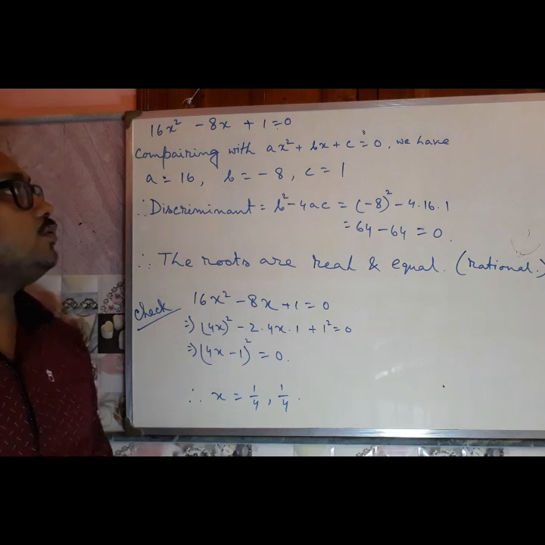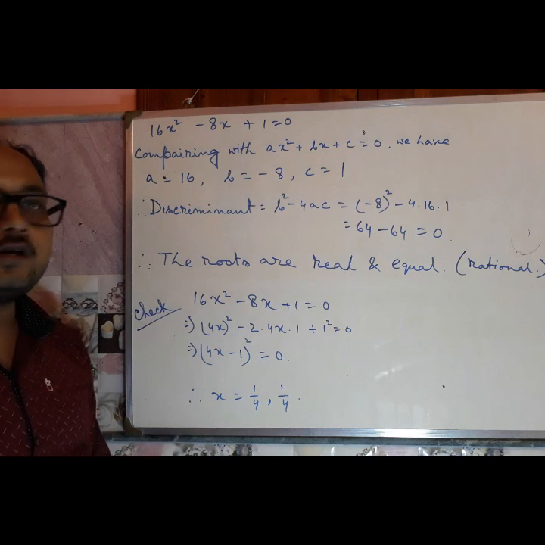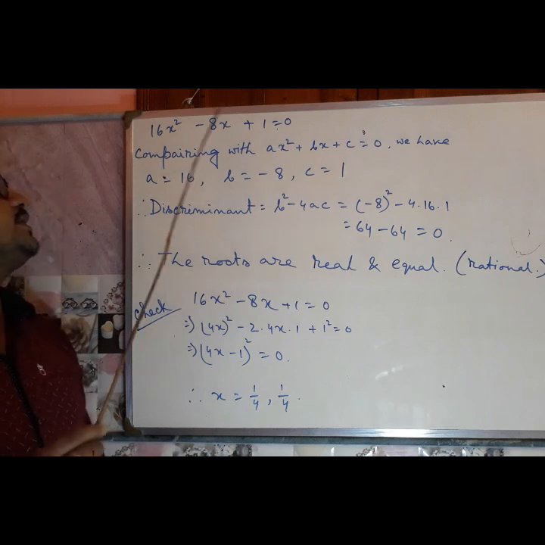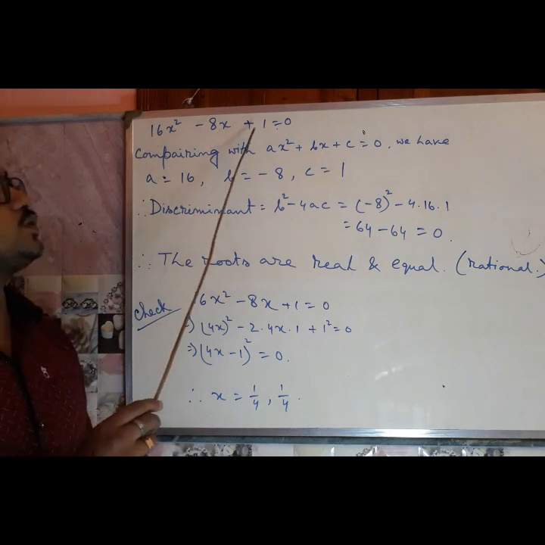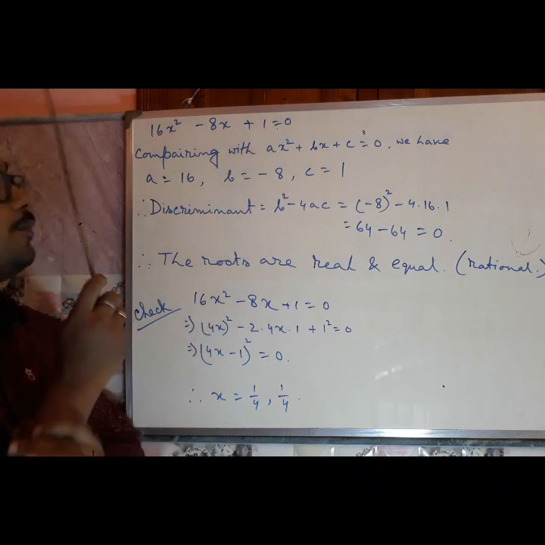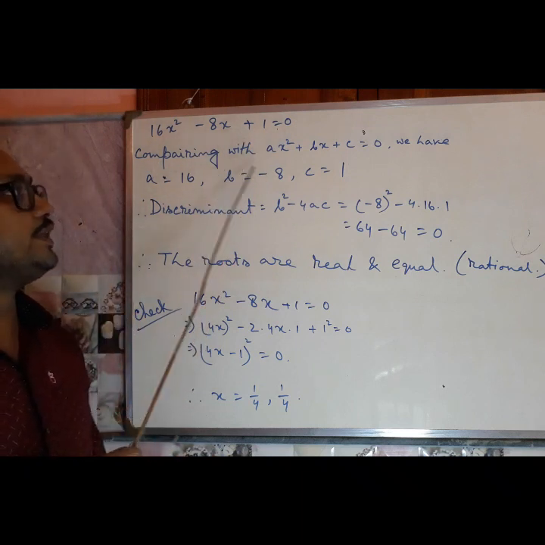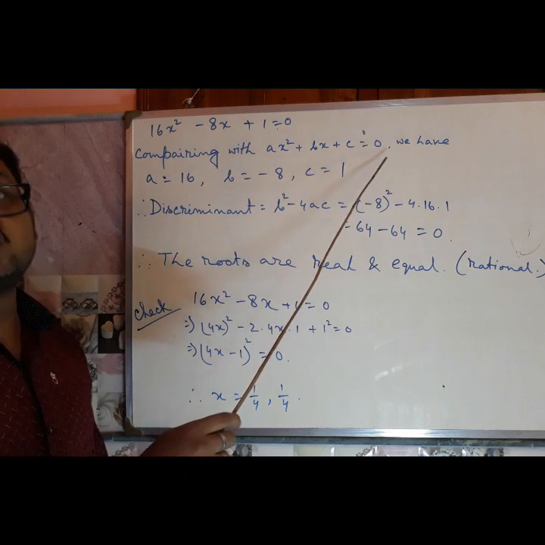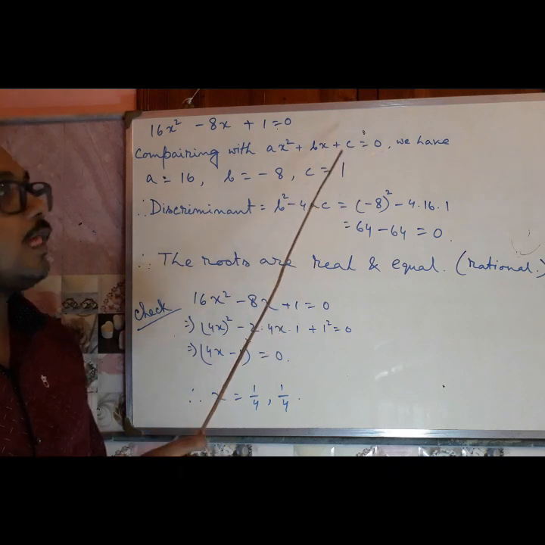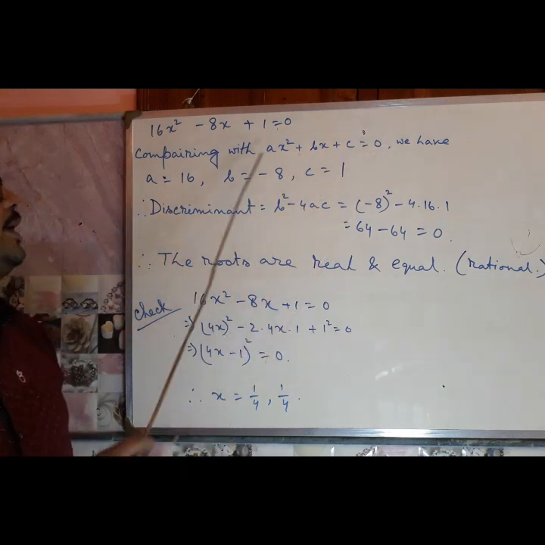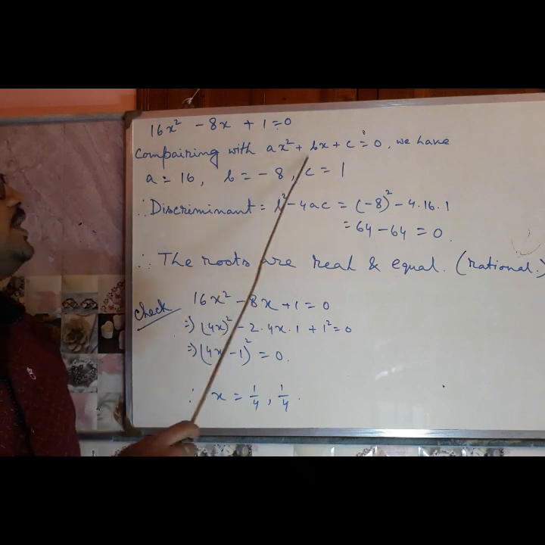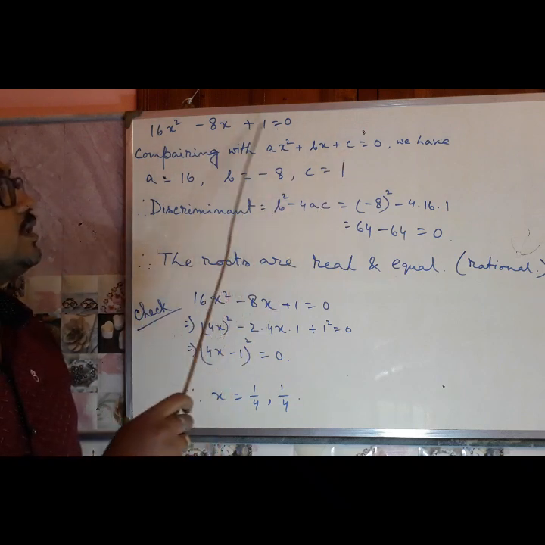Another example we took to discuss the nature of the roots of a quadratic equation. Here it is given 16x square minus 8x plus 1 equal to 0. Again comparing this given equation with ax square plus bx plus c equal to 0, the standard form of a quadratic equation, we have a is equal to 16, b is equal to minus 8 and c is equal to 1.